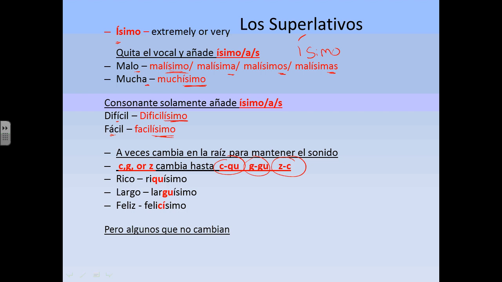Pero algunos que no cambian son dulce, es dulcísimo. So this one doesn't change. Or simpático, simpaticísimo. So there isn't any real rule as to which ones change and which ones don't. You just need to know how they're pronounced. And when you hear them pronounced, you know if they make the change or not.